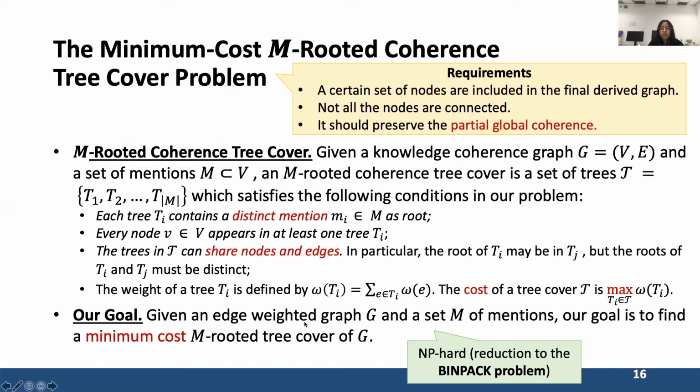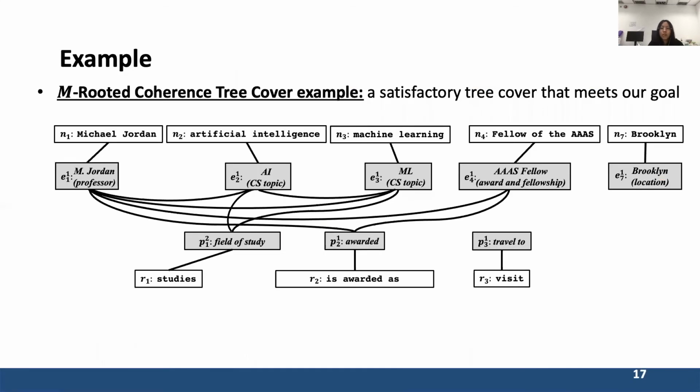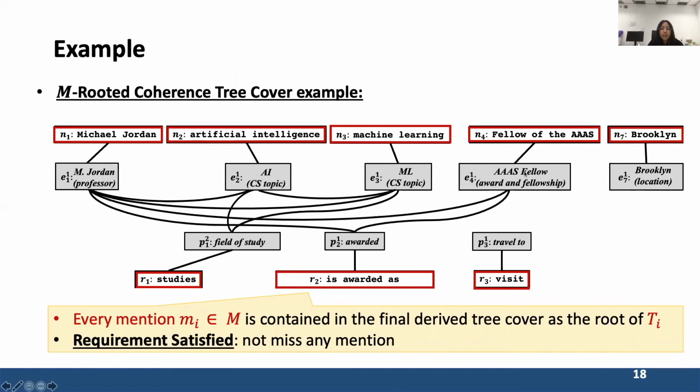Next, I will use a simple example to demonstrate the motivation of these problem formulations. So here is a satisfactory tree cover that meets our goals. So first, in this example, every mention is contained in the final derived tree cover, since each tree is rooted from a mention. This satisfies the requirement that we would not exclude any mention.